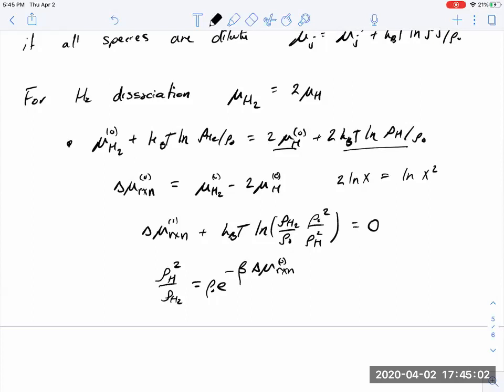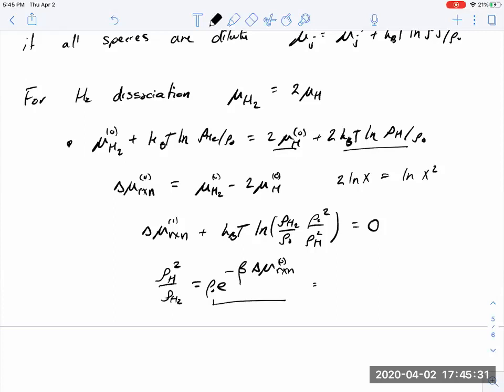So the concentration of atomic hydrogen squared over the concentration of H2, the concentrations of the products multiplied together over the concentration of the reactant, has a specific value at equilibrium in terms of that delta mu of the reaction and the standard state density.